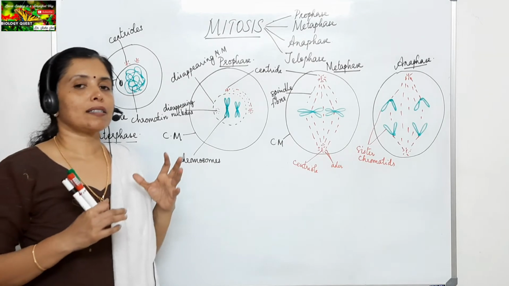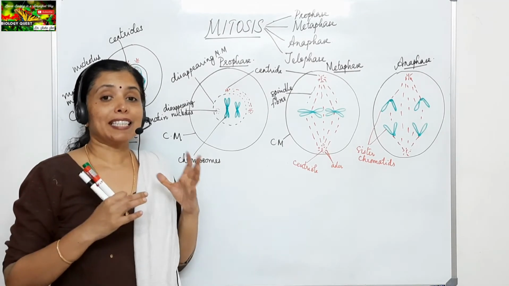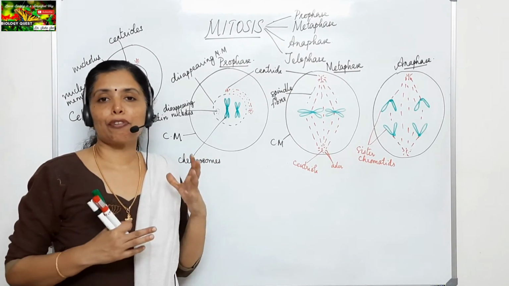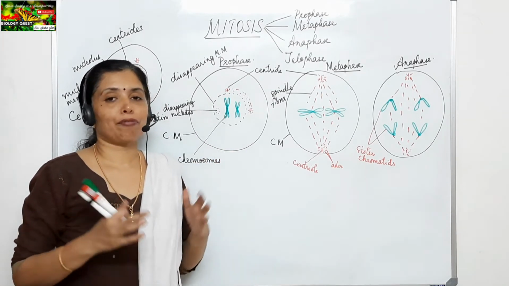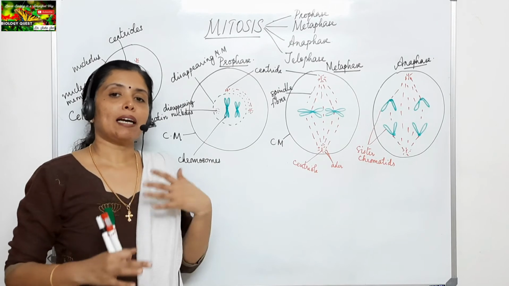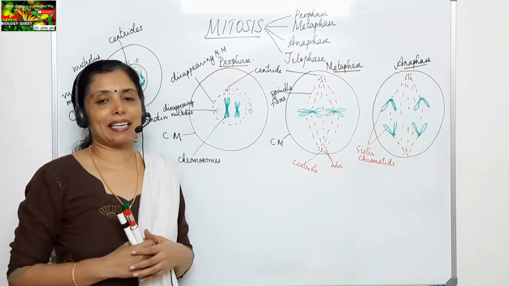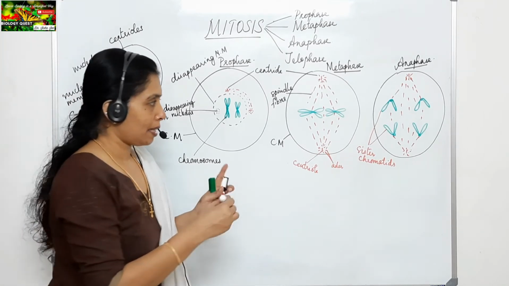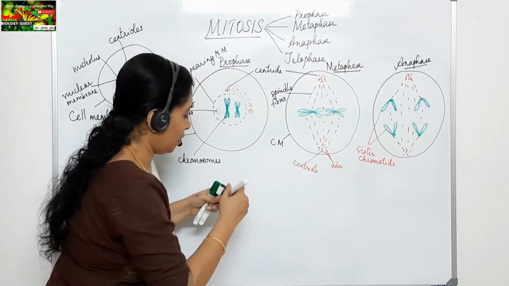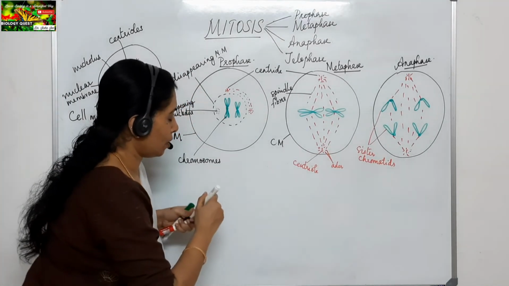and these sister chromatids decondense or uncoil to form the chromatin fibers. Spindle fibers disappear because their function is over. Nuclear membrane and nucleolus reappear. So that is what is happening during the telophase stage.